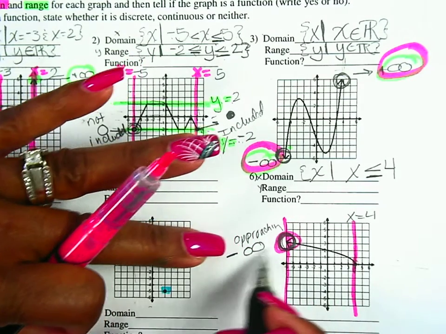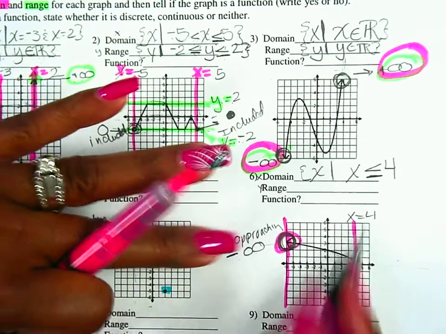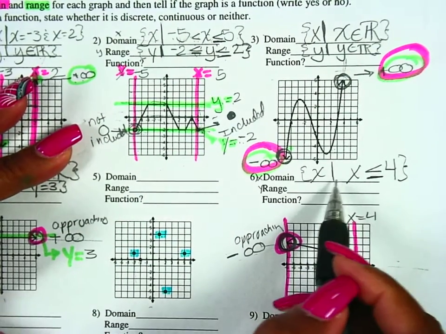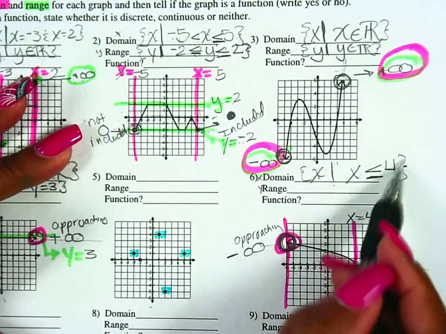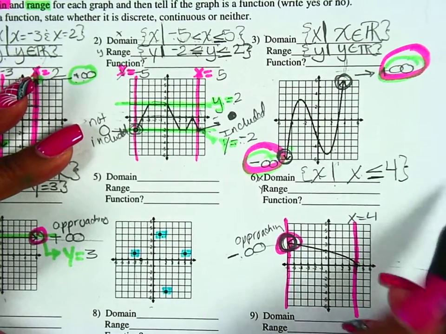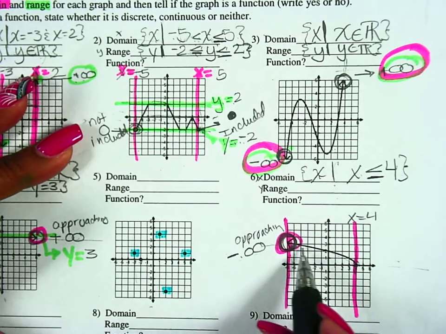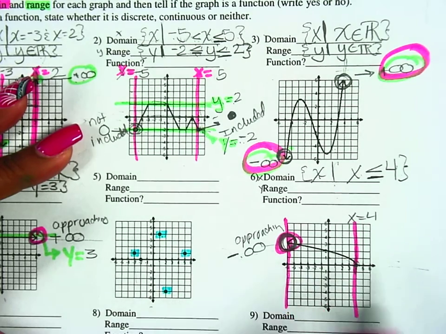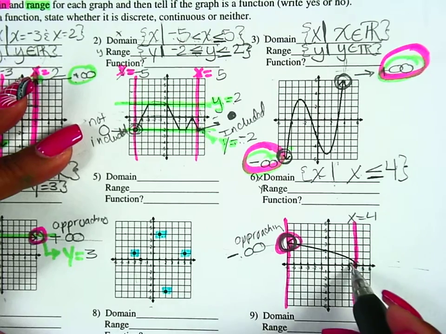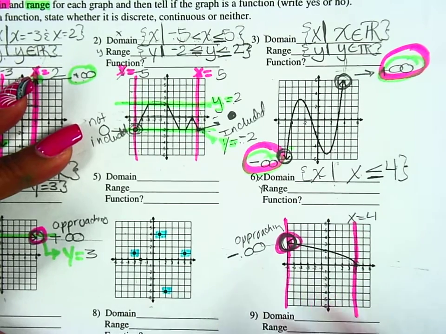It's getting less than 4 because it's approaching negative infinity. So, bam. It's written that x such that x is less than or equal to 4. I don't know why I want to say negative. I think it's because of the negative infinity. So it goes on to the left forever and ever. So I can go anywhere on the x-axis, including 4 and any number smaller, to get to this graph.